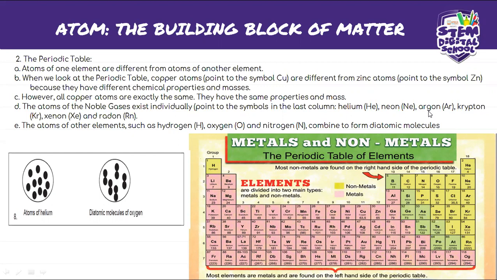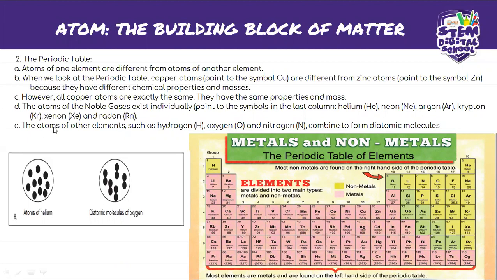Okay, guys, the next point says the atoms of other elements such as hydrogen, oxygen, and nitrogen combine to form diatomic molecules. Okay, diatomic molecules. So what do we mean by that? Now let's look at the diagram here. You can see that we have these atoms of helium.